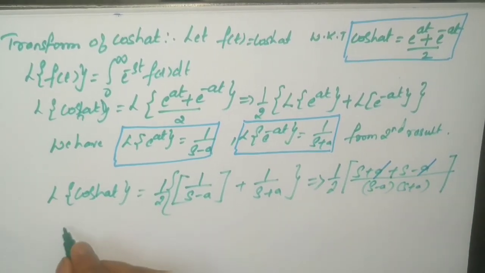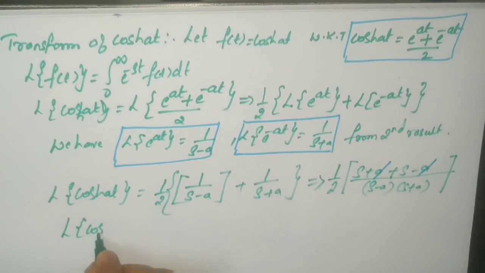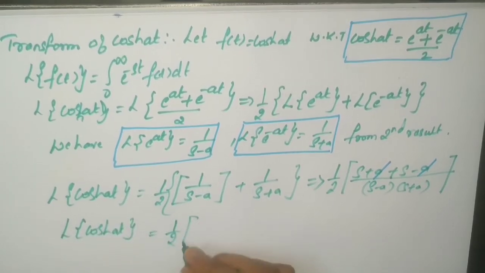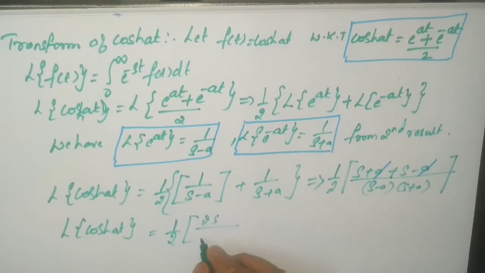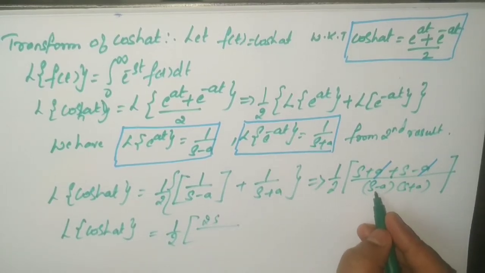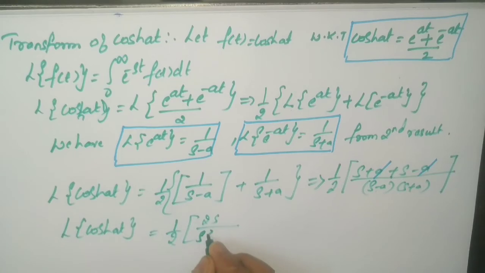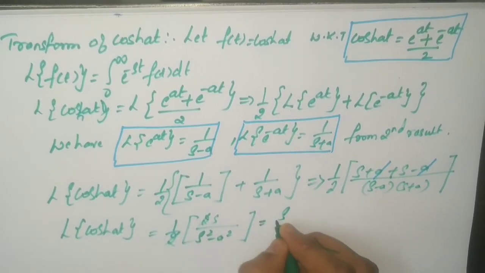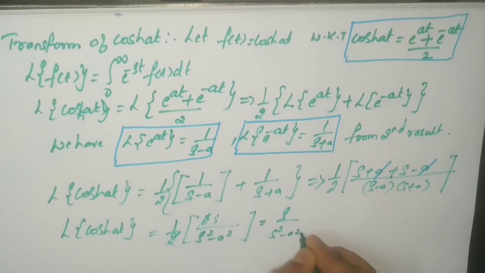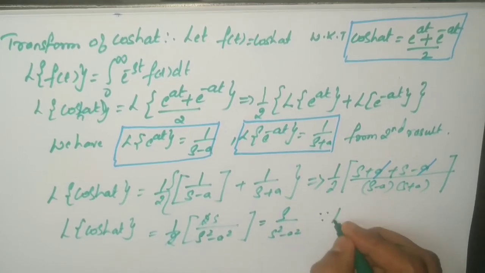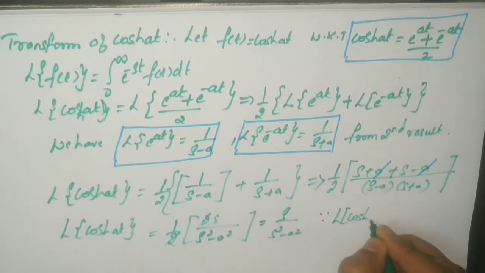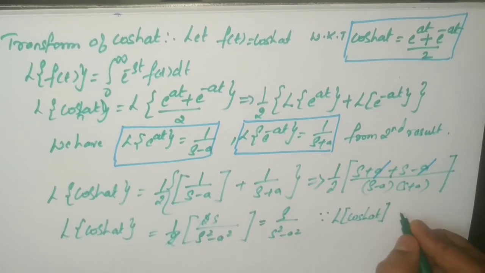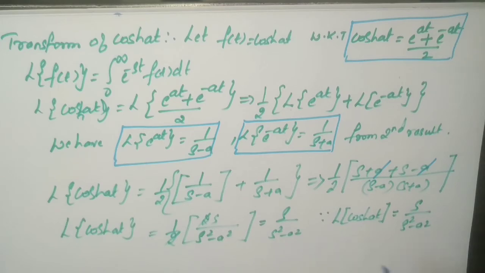So we are left with Laplace transform of cos hyperbolic at equal to 1 by 2 times 2s by, the denominator is of the form a plus b into a minus b, so it is s square minus a square, which is s by s square minus a square. Therefore, whenever you see a hyperbolic cos function, the formula is s by s square minus a square.